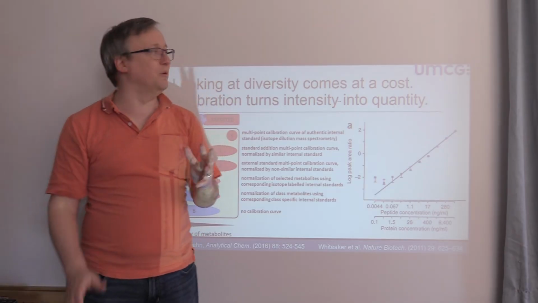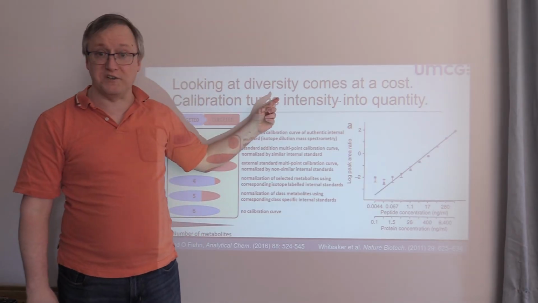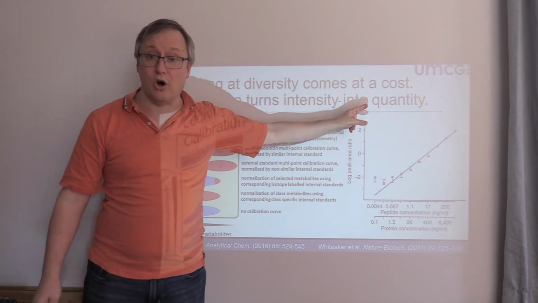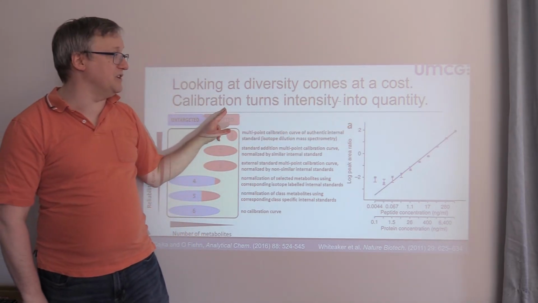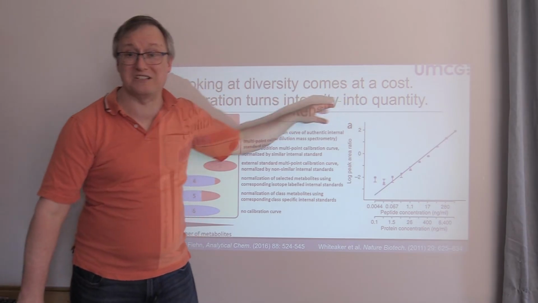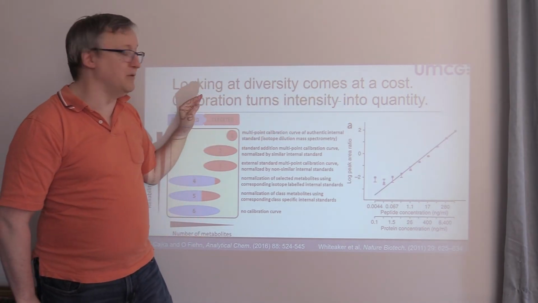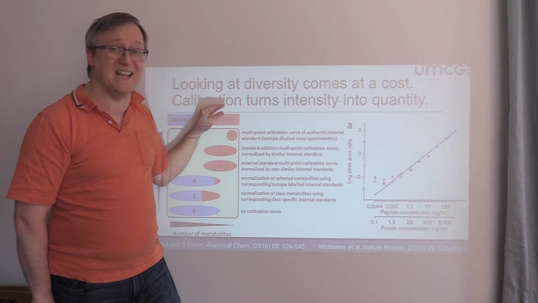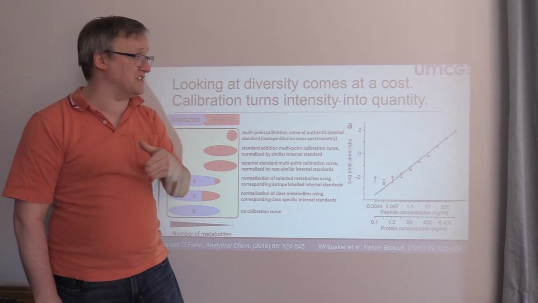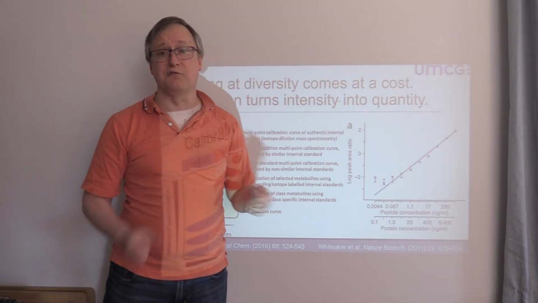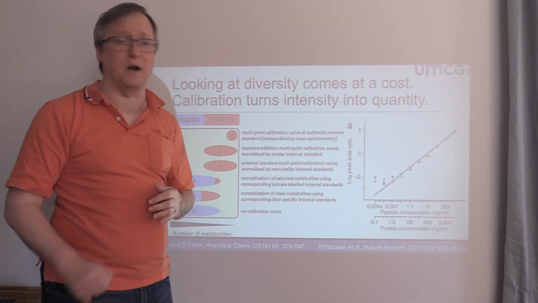But that's not really true. Looking at a great diversity of ions comes at a big cost. Calibration is, and we'll talk about what this cost is as we go through the slide. We also need to be able to turn intensity values that have been measured on the mass spec into quantities if we're really going for a tight quantitative experiment.